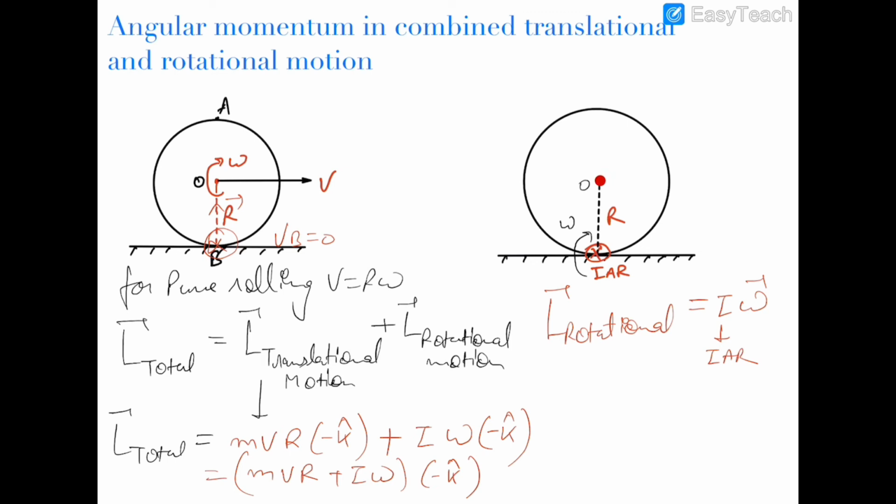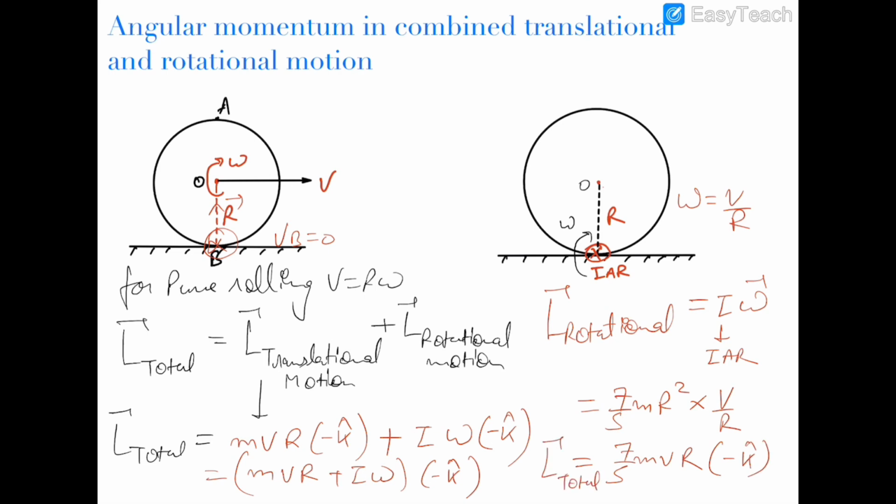So this is 2 by 5 mr square plus mr square, so it is 7 by 5 mr square into omega, where omega is again equal to v by R in the case of pure rolling. So this is equal to 7 by 5 mvr, and the direction of this angular momentum is also in minus k cap. So this is L total.